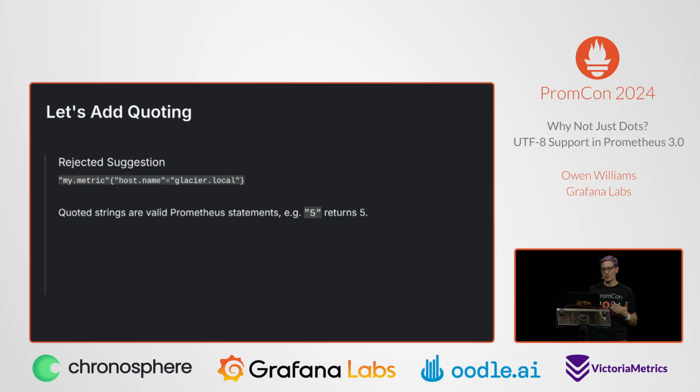One common suggestion was just throw quotes around the metric name on the outside of the brackets. This was rejected for a few reasons, one of which is that quoted strings are valid Prometheus statements. So quote 5 returns a 5. This is not a very commonly used syntax, but it is valid. There is a subtlety that the bracket after the second quote is not technically valid, so the parser should fail there.